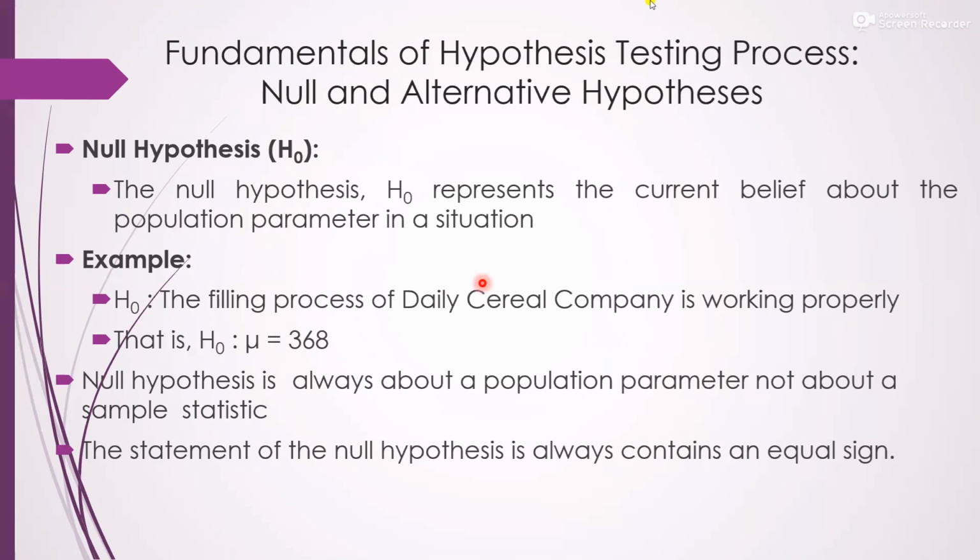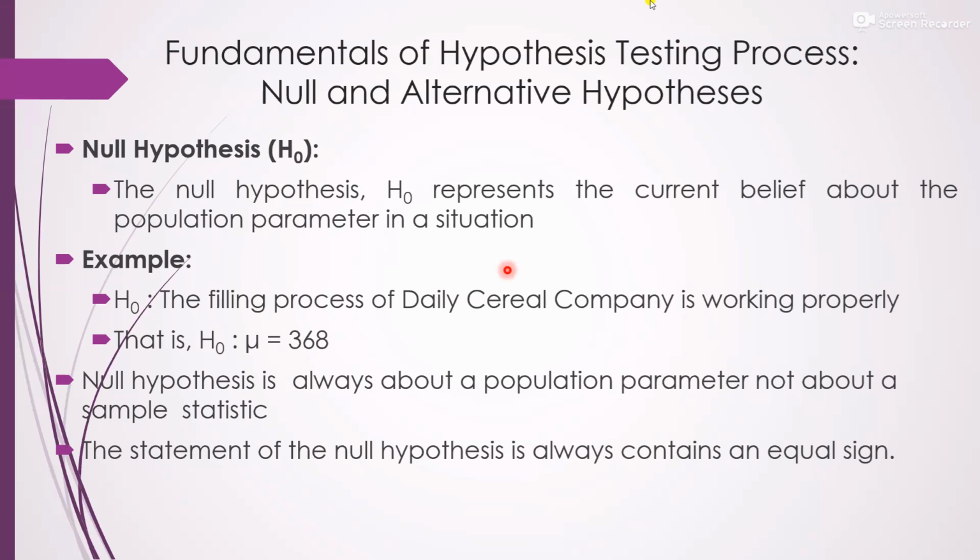When we are formulating a hypothesis, there are two hypotheses we have to formulate. One is called the null hypothesis, denoted by H naught. The null hypothesis, H naught, represents the current belief about the population parameter in a situation.